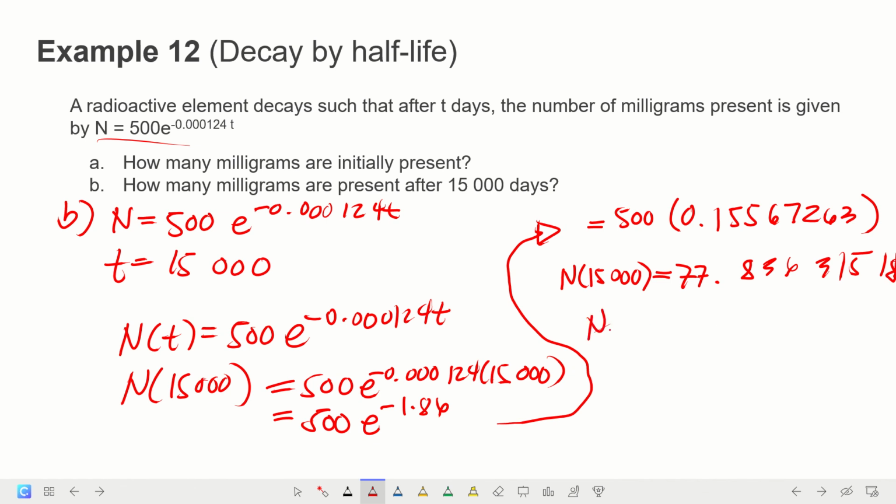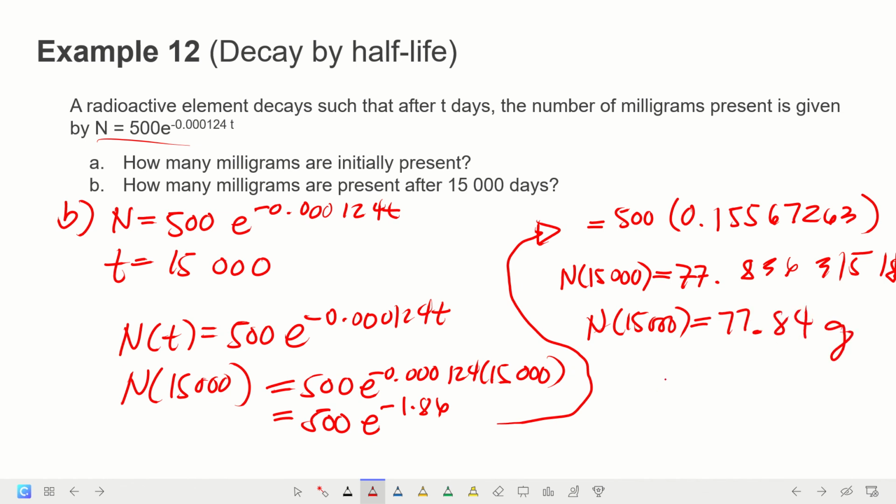Let us approximate it to 2 decimal places so that we all have the same answer. Since we're talking about the mass of the substance, we round off to the nearest hundredths. This value would be approximately equal to 77.84 grams.